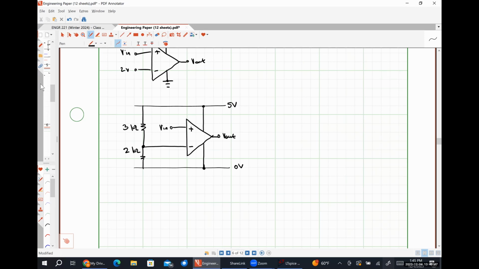So VD is always going to be V2 minus V1. Oh, I forgot to label that as V1. My bad.